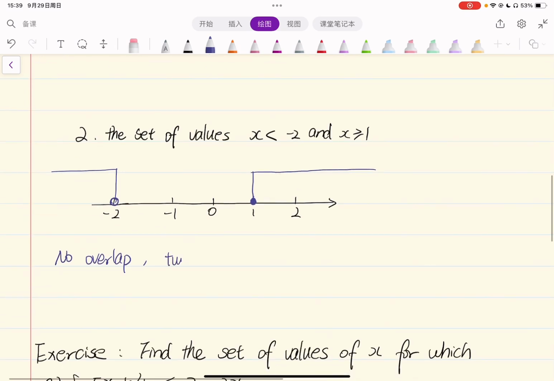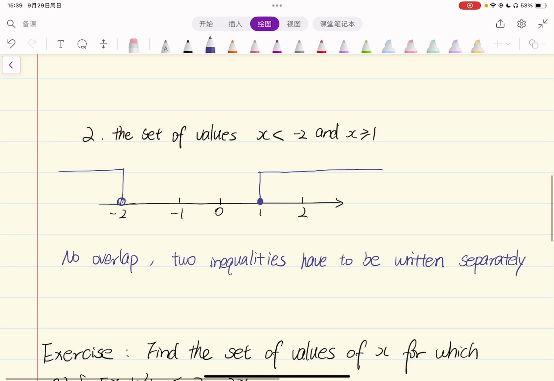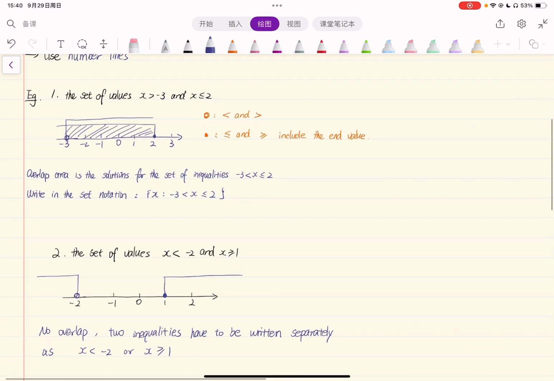So the two inequalities have to be written separately, as x less than -2 or x greater than or equal to 1. So that is how number lines work in these questions.